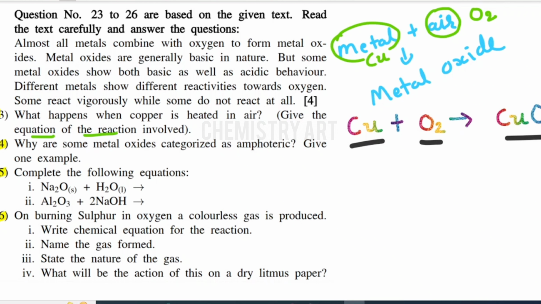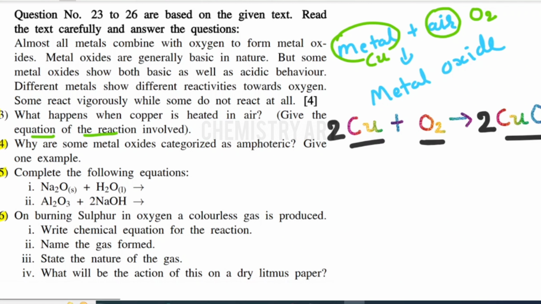Now you need to check whether the reaction is balanced or not, and if it is not, then we need to balance it. Here you can see that there is one copper, but two oxygens. So we need to balance the reaction, and for that we multiply by 2 here. So now the copper on the left-hand side also needs to be multiplied by 2.